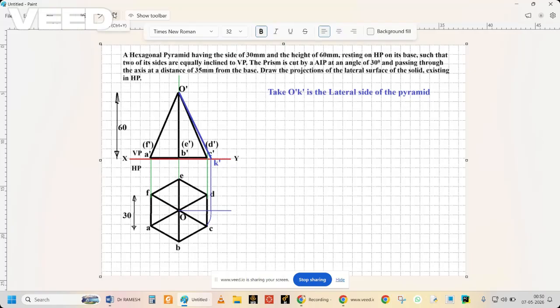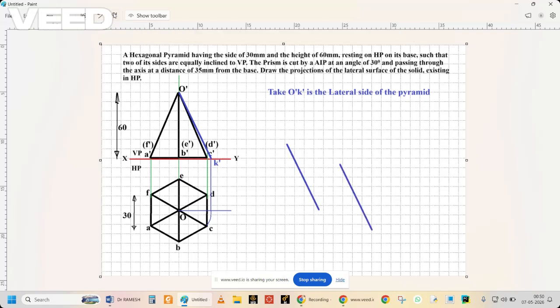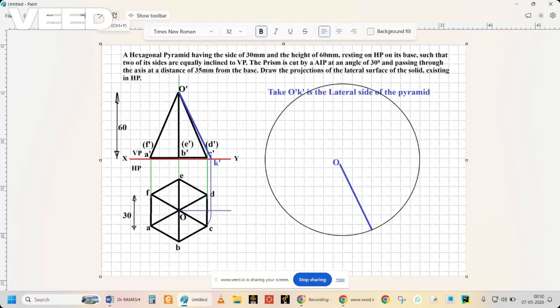So based on that O dash K dash, I'm going to draw the entire development of the surface of the hexagonal pyramid. So first I have drawn this O dash to K dash, and based on this O dash K dash as a radius, I'm putting a circle.